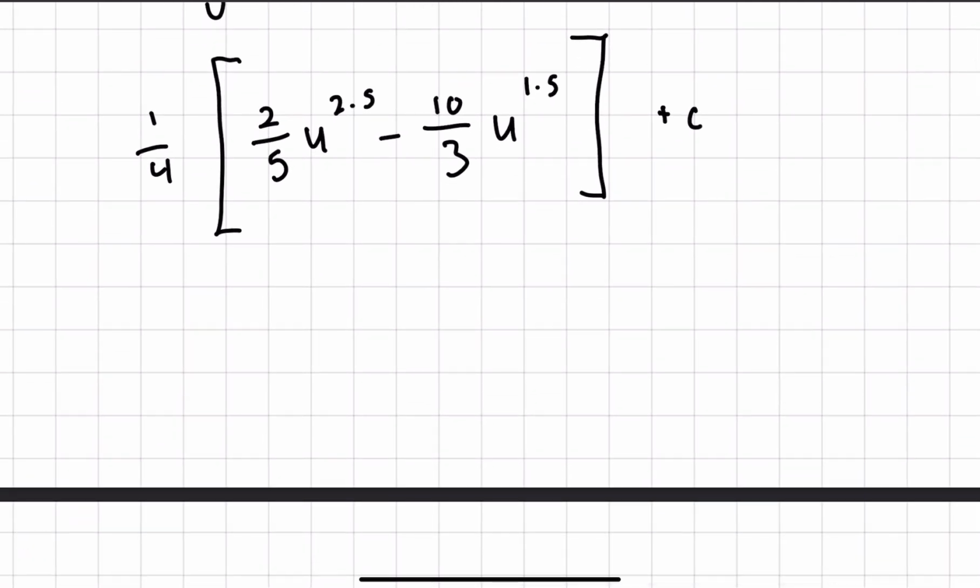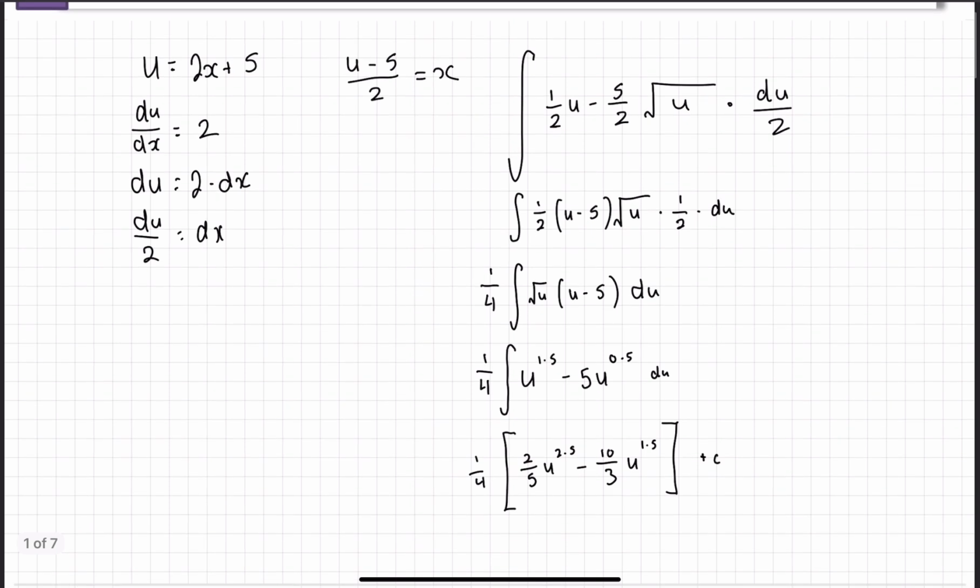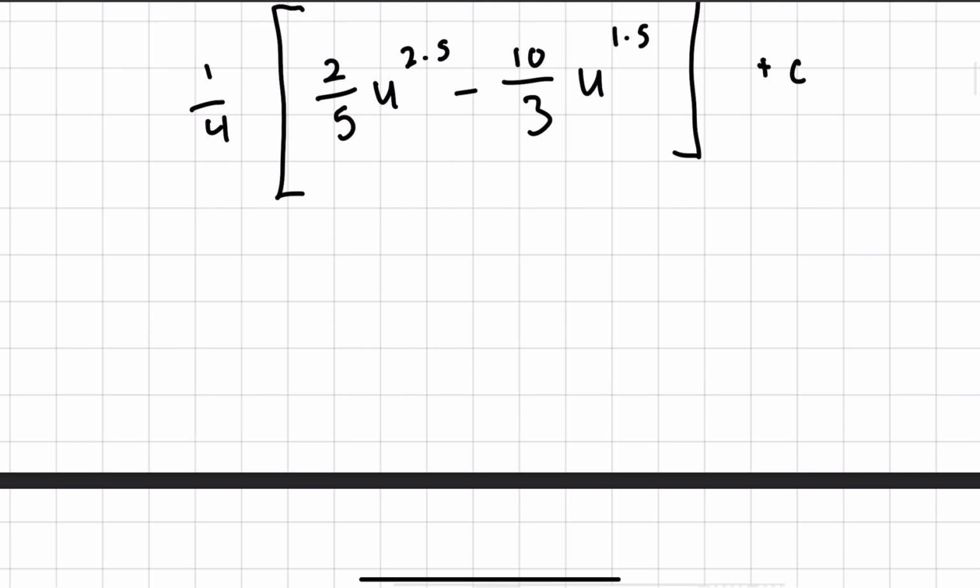And now we just want to substitute U back in. So what was the U? U was 2x plus 5. Lovely. So the final answer is, we'll get the quarter. Actually, no, I can multiply the quarter out, can't I? Yeah, I can. Let's do 2 over 20, which is 1/10 U to the 2.5, minus 10 over 12, 5/6, yep, U to the 1.5, and the plus C will just stay there.